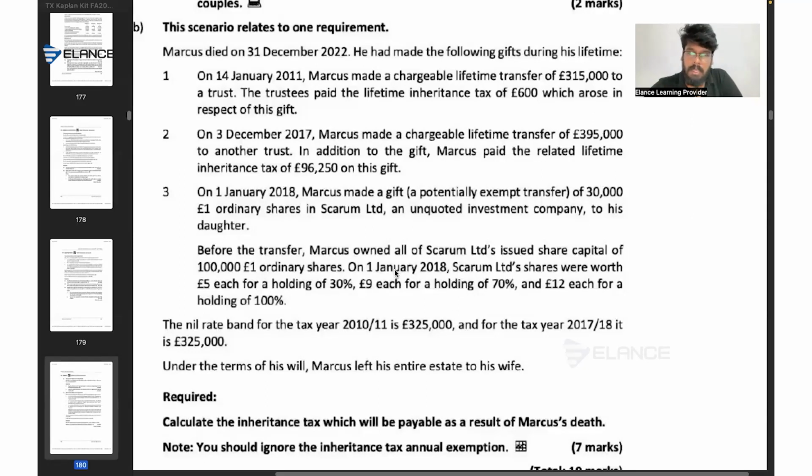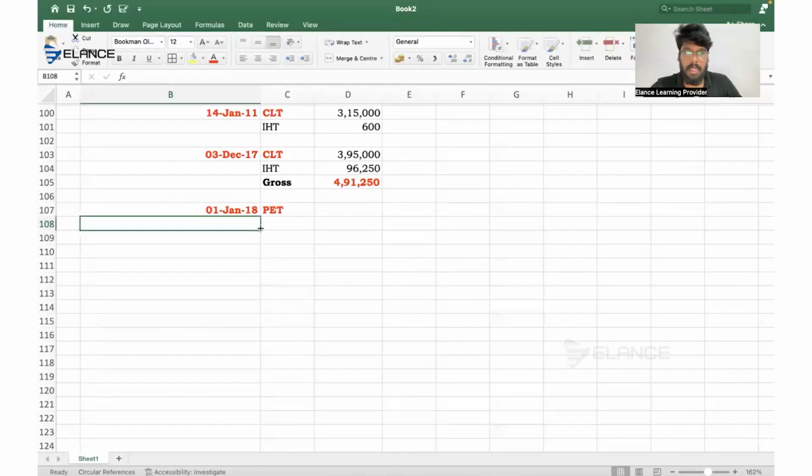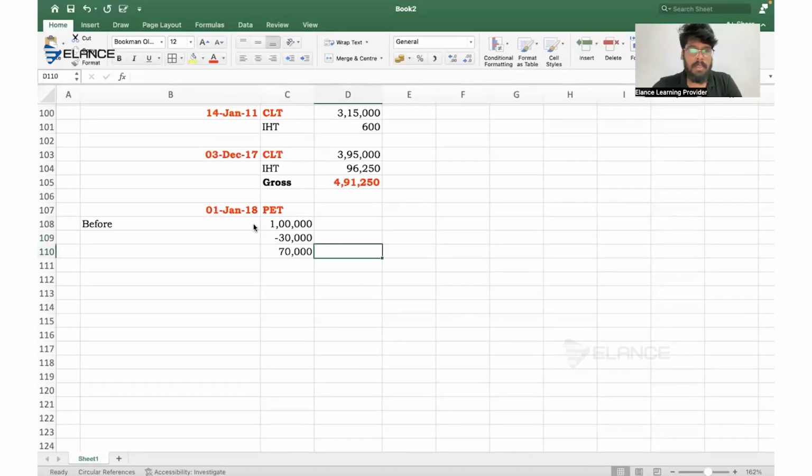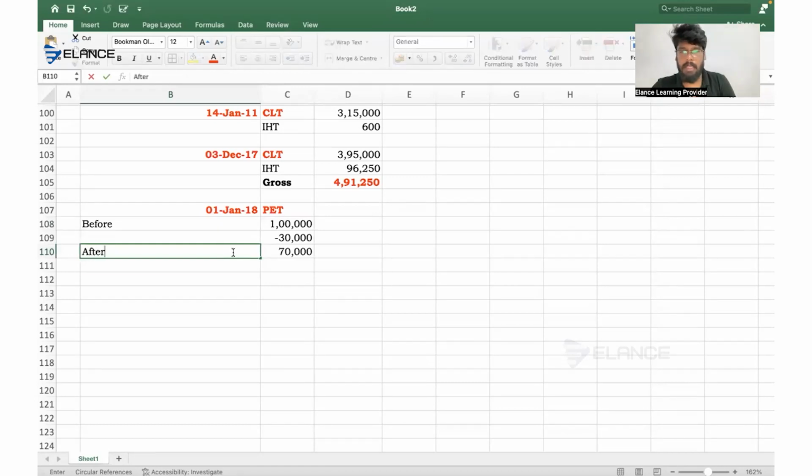Before the transfer, Marcus owned 100,000 shares of Scarum Limited's issued share capital. So before the transfer he held 100,000 shares, he gifted 30,000 shares to his daughter, and the remaining shares he holds are 70,000. Those are the shares before and after making the gift.